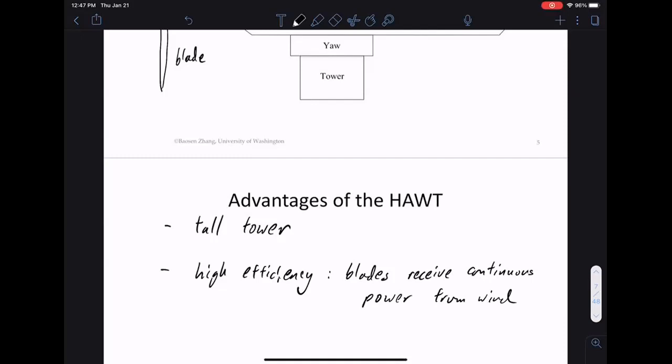If you point this thing towards the wind, the 3 blades will be fairly continuous. The power it gets will be fairly uniform and continuous. So that makes things easy.